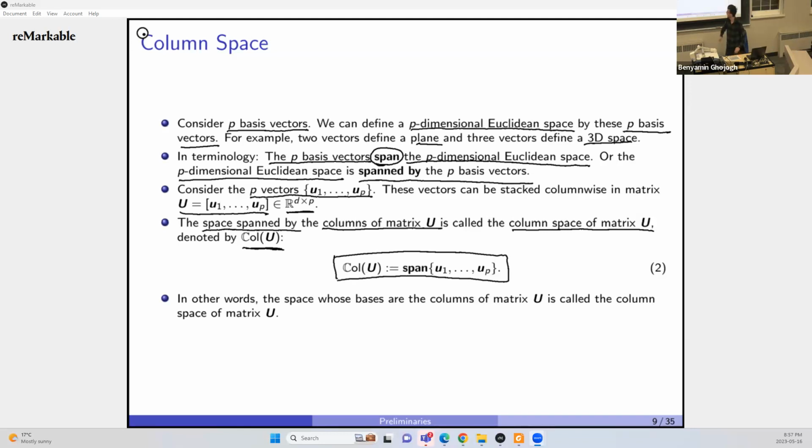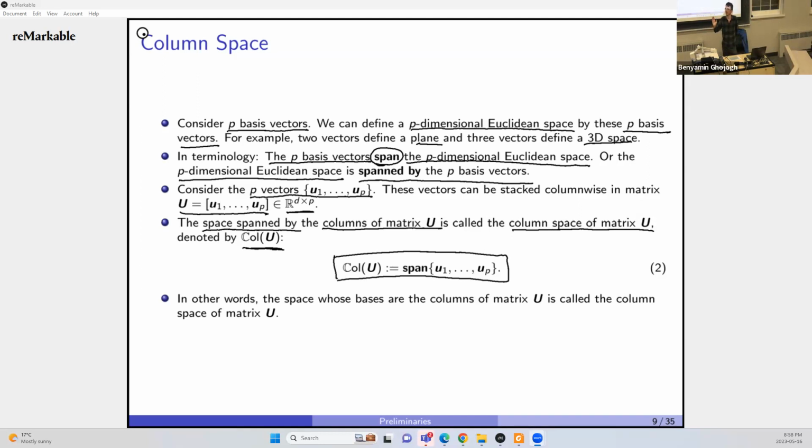In simple words, it means that you have P vectors. These define a space. Put these vectors next to each other column-wise. That space is called the column space of this matrix that we just formed. Right? Any question or ambiguity? I want everything to be clear. If you didn't understand, ask me.